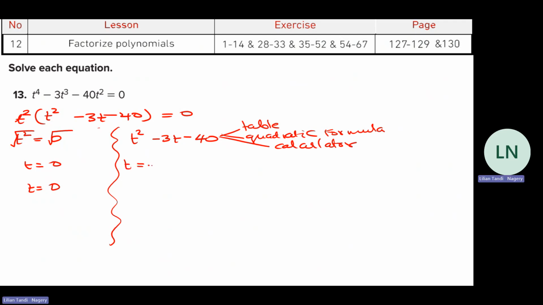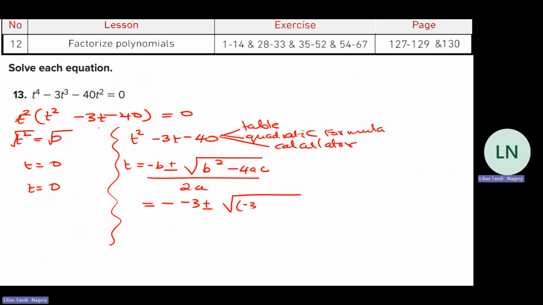So I said t equals negative b plus or minus square root of b squared minus 4ac over 2a, which equals negative negative 3 plus or minus square root of negative 3 squared minus 4 times 1 times negative 40, over 2 times 1.